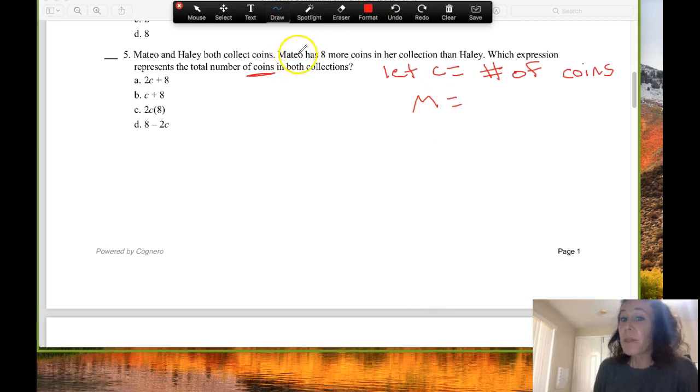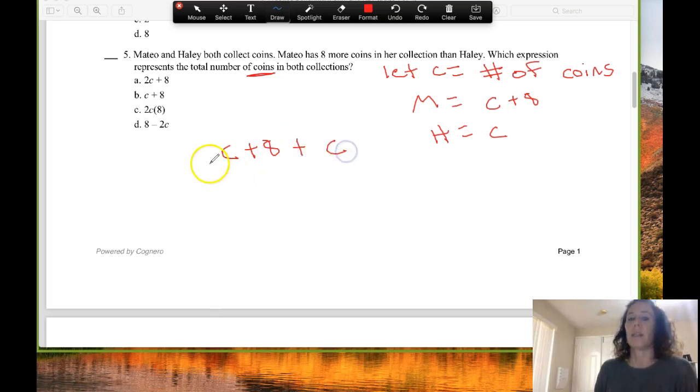But if Mateo has 8 more coins in her collection than Haley, Mateo's would be C plus 8, and Haley's would just be C. So Haley would have the number of coins, and Mateo would have that same number plus 8. Now, which expression represents the total? So you're just going to go Mateo's coins plus 8, and then Haley's coins is just coins. And that would be the total number of coins.